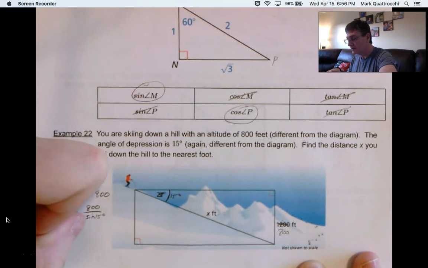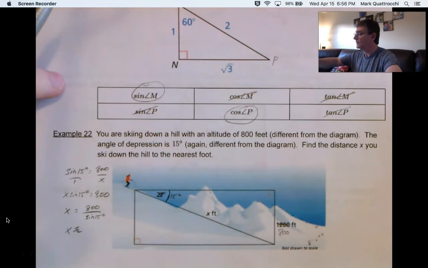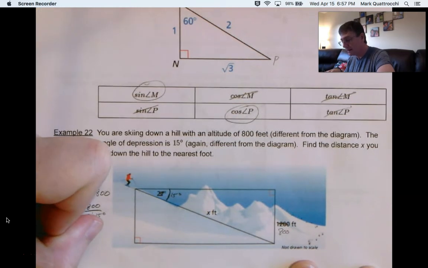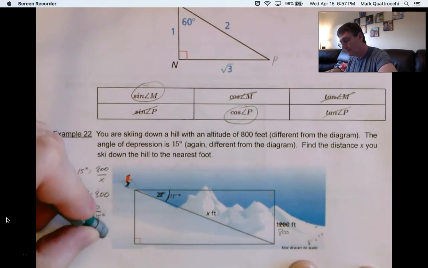X is approximately equal to, our calculator here, 800 divided by sine of 15 degrees. X is approximately, rounding to the nearest foot, 3,091 feet.